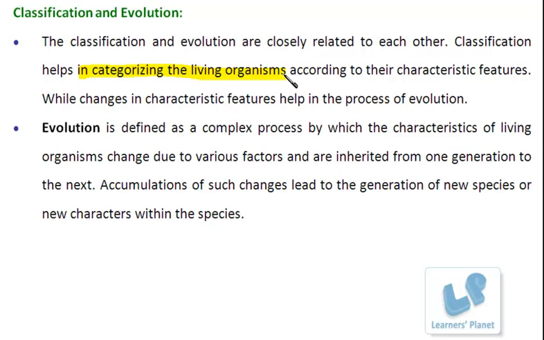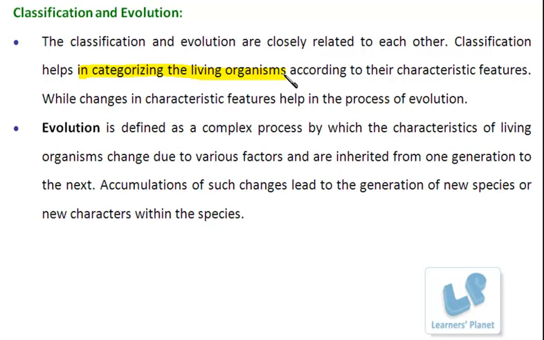If you have to understand the living organisms, there is no requirement to study each and every individual organism. Rather, if you understand the characteristic features of a particular group of organisms, then that must be applied on that individual organism of the same population, right?